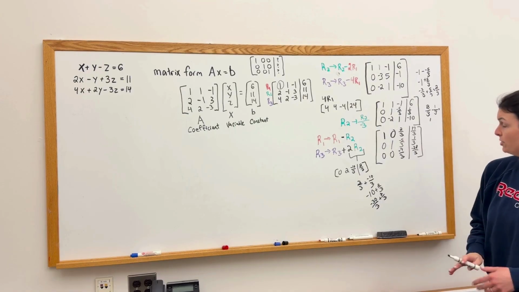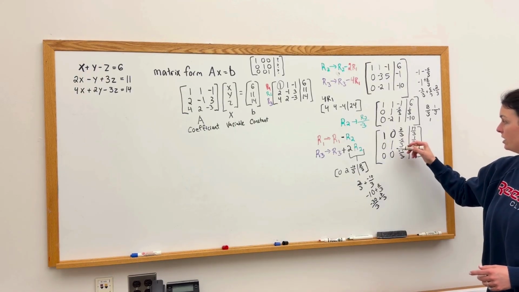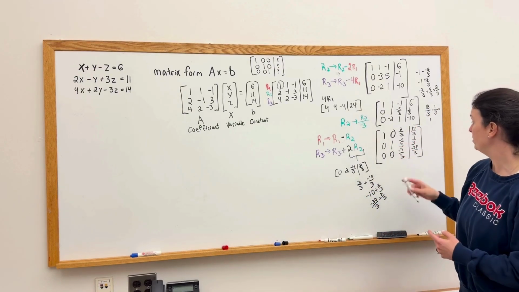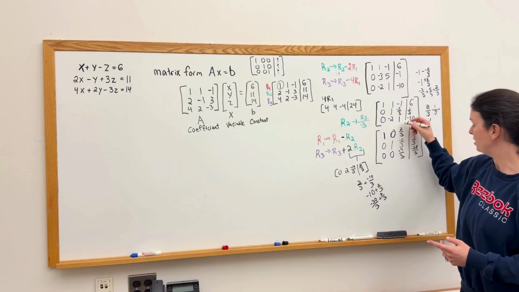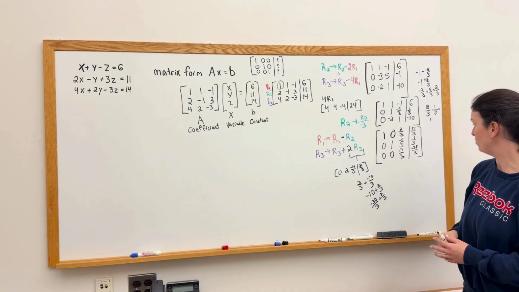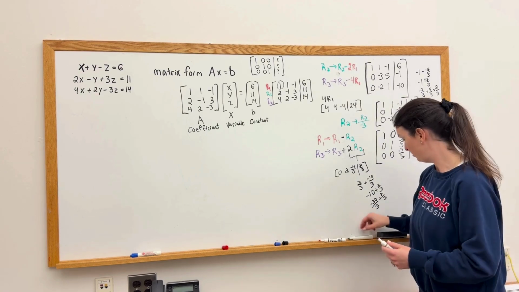All right, we're almost there. The second column looks good. We have now eliminated above and below that pivot. So now we're going to look at the third pivot in column 3, row 3. This next one will be pretty easy.